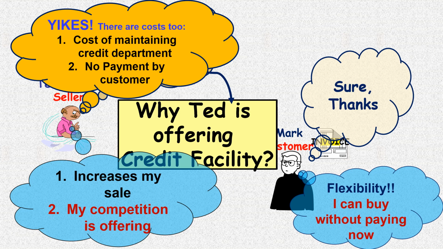So that involves cost. And when you allow people to pay later, they might not even pay. So that becomes a cost to the seller also. That will be a loss of money, loss of profit, loss of goods. Those are the losses. So providing a credit facility has both advantages and disadvantages.